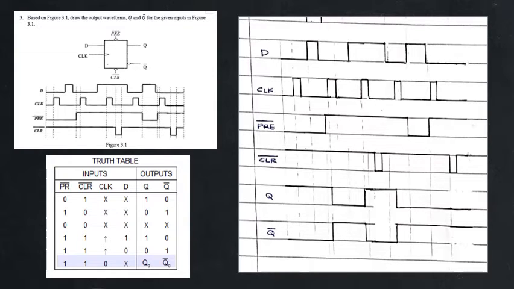As you can see, when the preset is 0 and the clear is 1, the output will be 1. When the clock is triggered, at preset 0 and clear 1, the output will be 1.